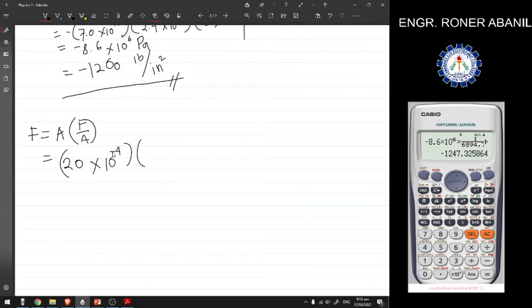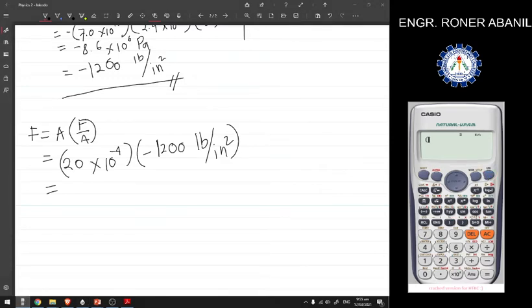Tapos, yung F over A, ito siya, negative 1,200 pounds per square inches. Ito. So, calculator. Magiging 20 times 10 raised to negative 4 multiplied by negative 1,200.